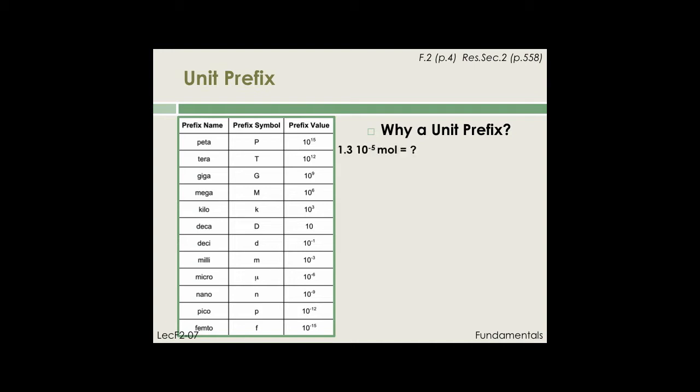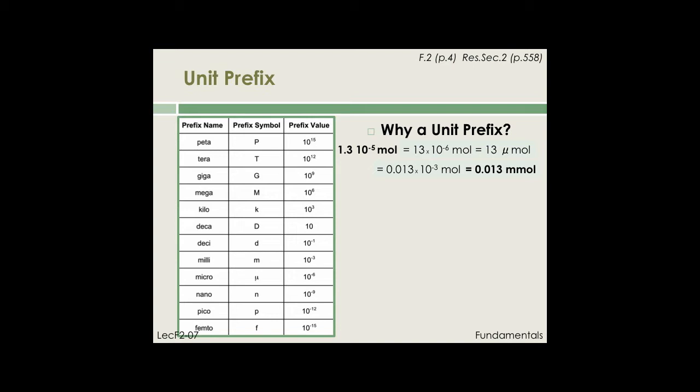For example, let us look at the following number of moles. We can write 1.3 × 10^-5 mole as 13 × 10^-6 moles, or 13 micromoles. Alternatively, you can also write 1.3 × 10^-5 moles as 0.013 millimoles.